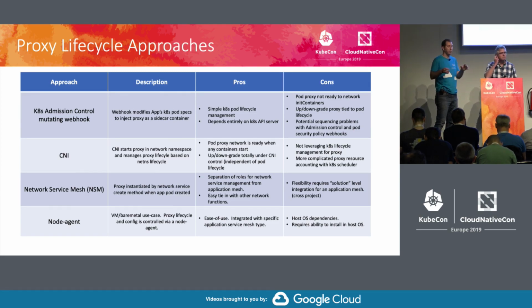Or maybe the Istio-cni just becomes the thing that starts the proxy. So if you're wondering what's going on in the community, that's probably the biggest change that would impact most of you Istio users out there.